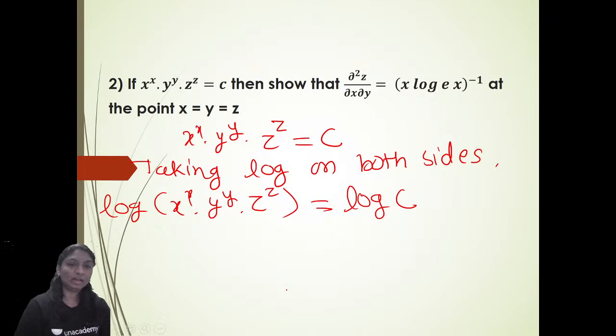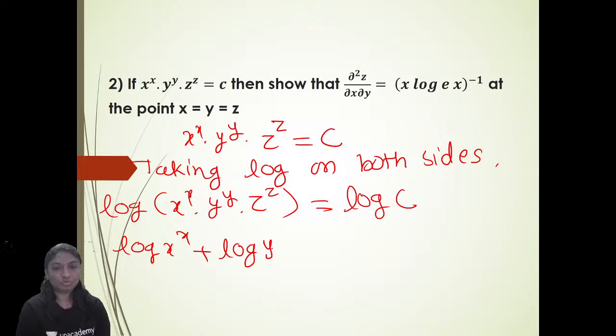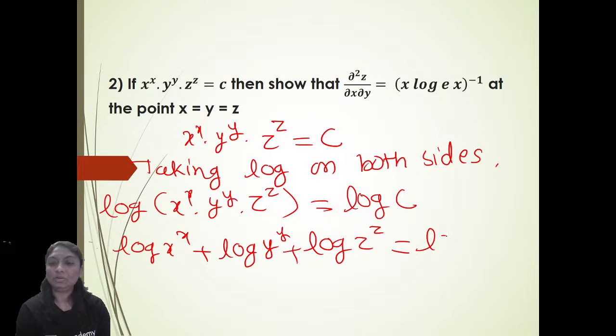Log of a into b into c is log a plus log b plus log c. So you will get log x raised to x plus log y raised to y plus log z raised to z is equal to log c.